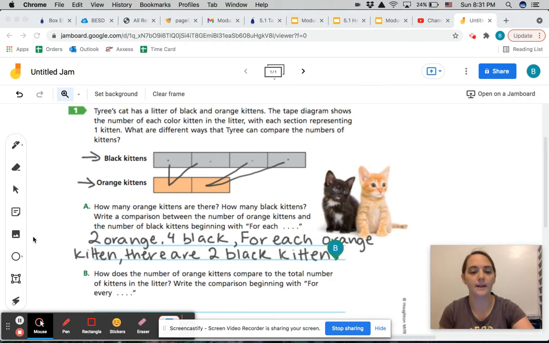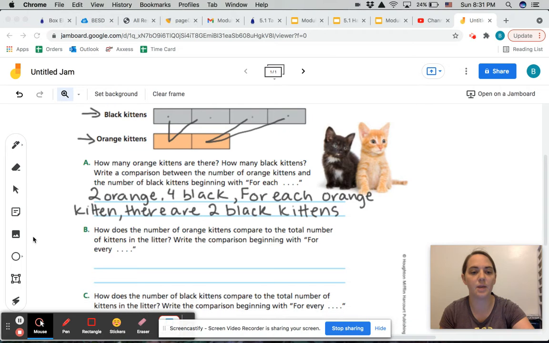Okay, great. Let's move on to the next part here. We have B: how does the number of orange kittens compare to the total number of kittens in the litter? So we're going to write our comparison beginning with the words "for each" or "for every." So for every. We're starting with orange kittens, because we're comparing them to the total number of kittens.